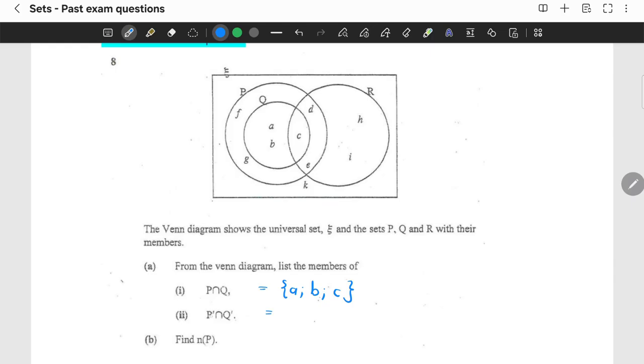And then the next question says P complement intersection Q complement. So when we look at P complement, that is shaded in green. That is P complement. And then Q complement, if we shade it in blue, is everything here.